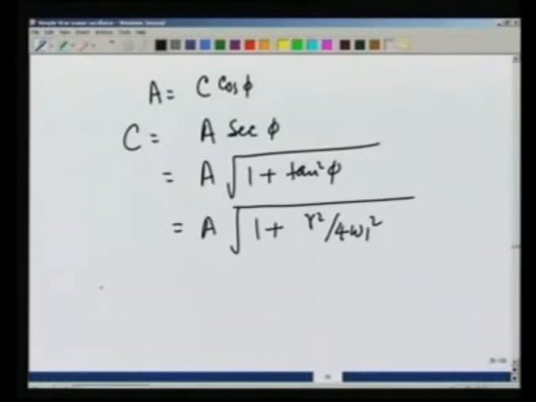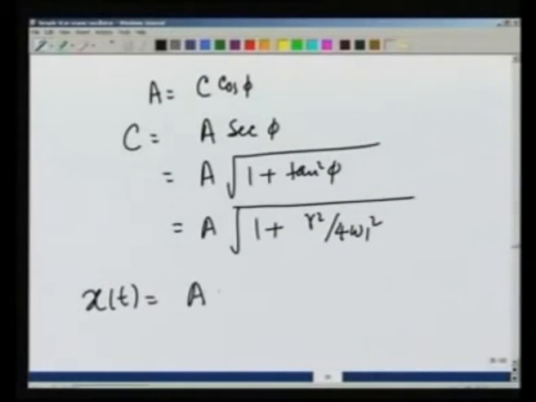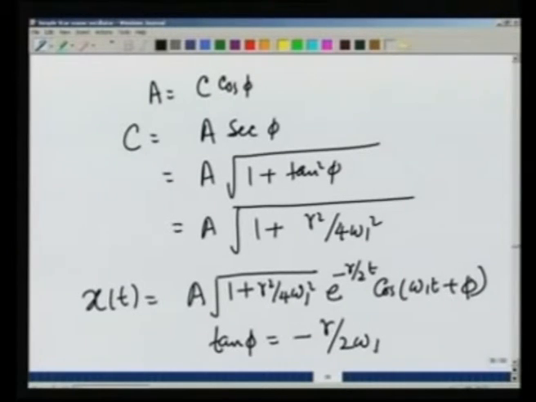So, the motion when I take the particle out and leave it is going to look like x(t) equal to a, the distance up to which I pulled it out, square root of 1 plus gamma square over 4 omega 1 square, e raised to minus gamma over 2 t, cosine of omega 1 t plus phi, with tangent phi being minus gamma over 2 omega 1.